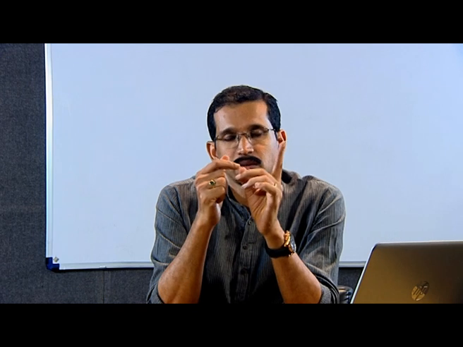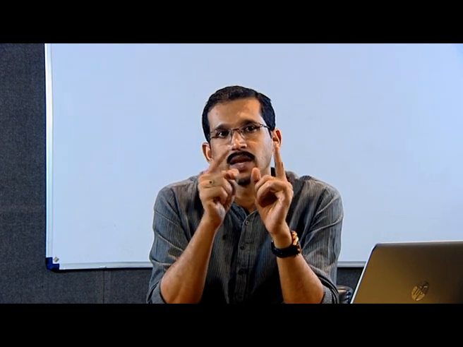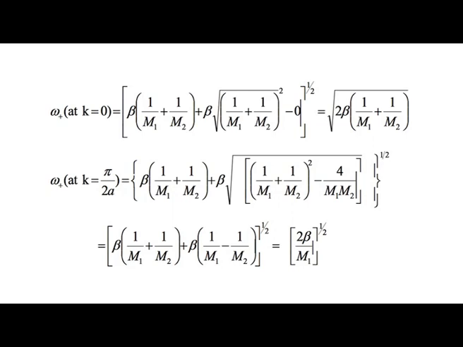So, omega plus corresponds to the plus sign in the omega squared, and the minus sign in the omega squared will lead to omega minus. Omega plus at k equal to 0, as you can see there, will give rise to root of 2 beta into 1 by m1 plus 1 by m2.